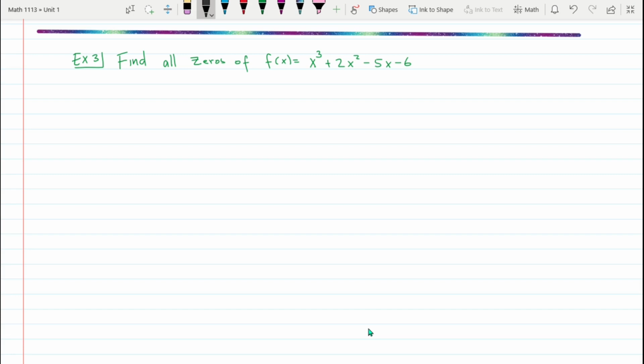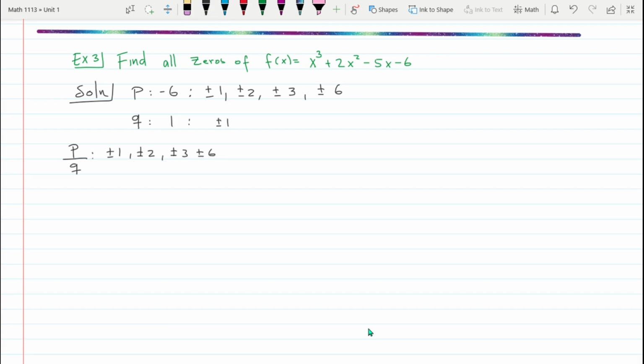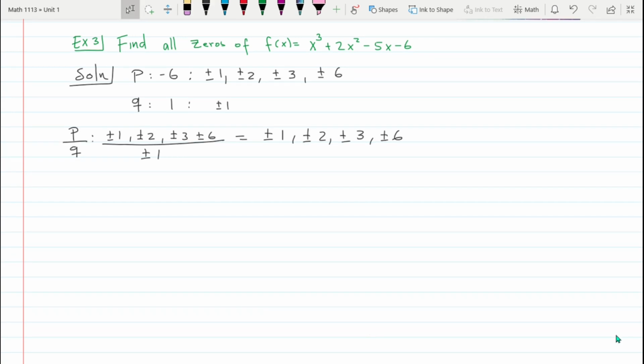Let's go ahead and get started by listing all of the possible rational zeros. Once we've found the list of rational zeros, we need to check which of those actually works by doing synthetic division and trying to find a remainder of 0.